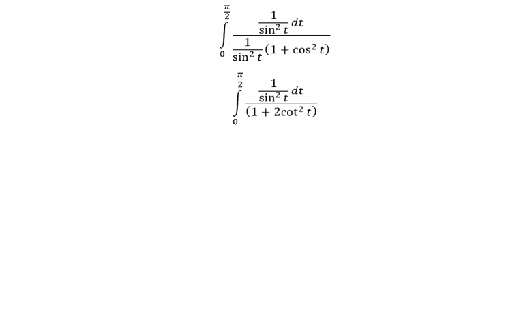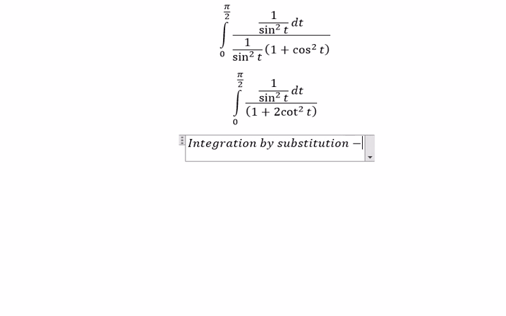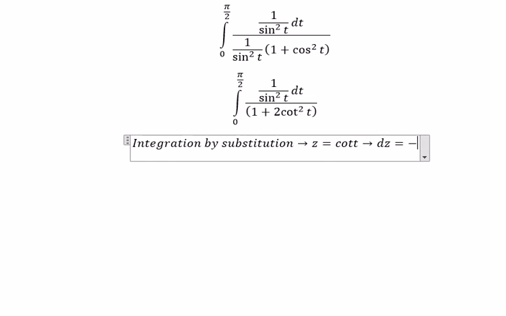So we can use integration by substitution. So we put z equal to cosine t, dz equal to negative dt over sine t squared.